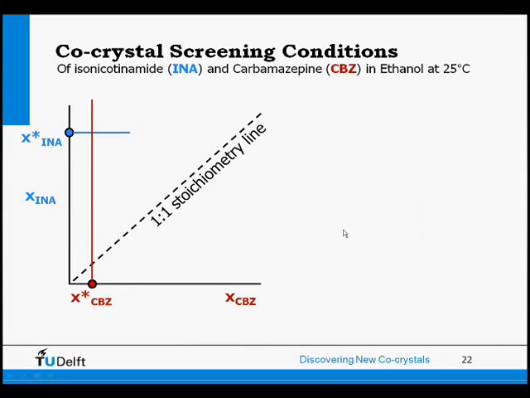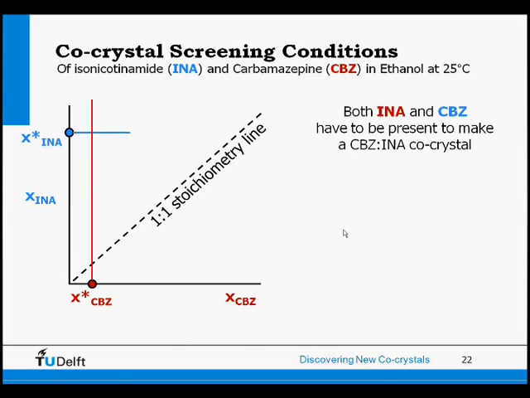So where do we want to screen now for co-crystals? You will need both isonicotinamide and carbamazepine to be present. Well, we can say that the product of the mole fractions of carbamazepine and isonicotinamide should be as high as possible to give the highest chance for co-crystals.